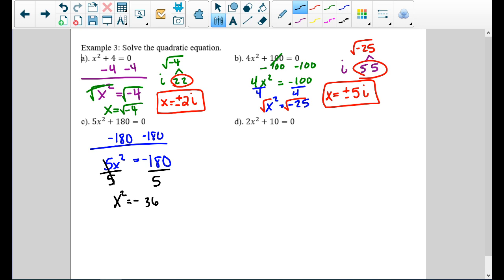So x squared equals negative 36. Square root both sides. And again, if I know those perfect squares in my head, 36, that's 6 and 6. So pull out my i, 6 and 6. I got my pair. I know 6 breaks down, but I don't have to because it's a pair. If they match up together, you don't have to break them down anymore. x equals 6i, plus and minus.